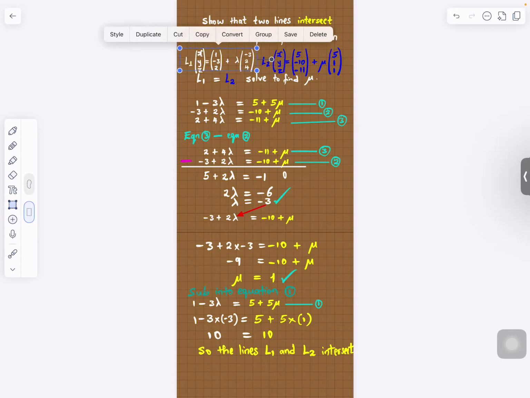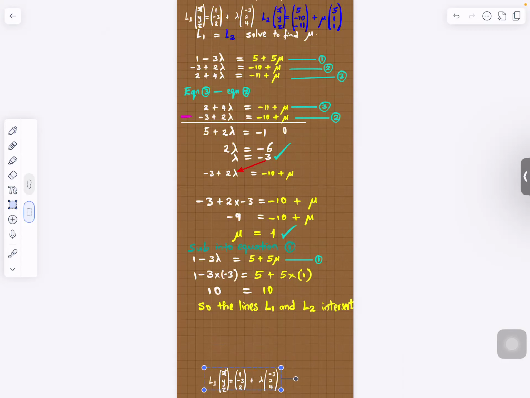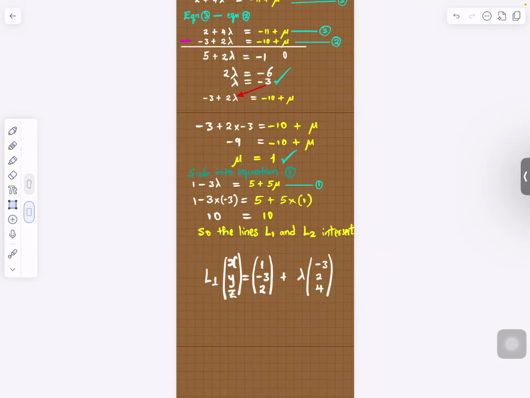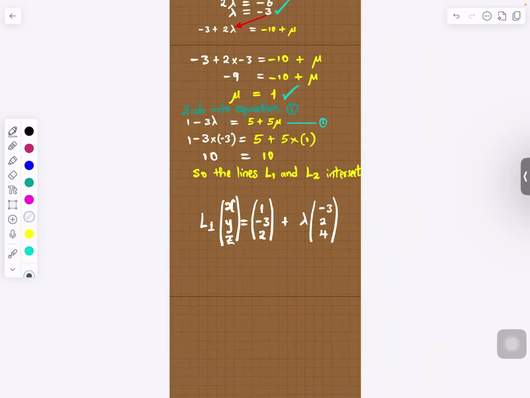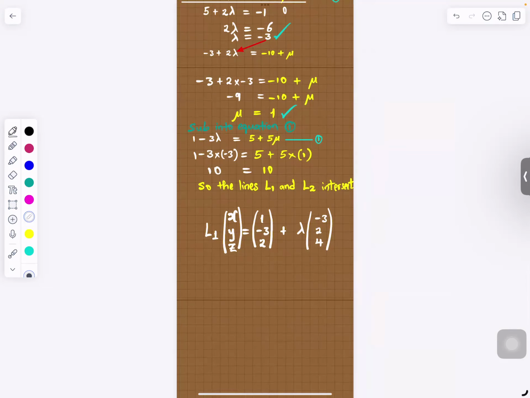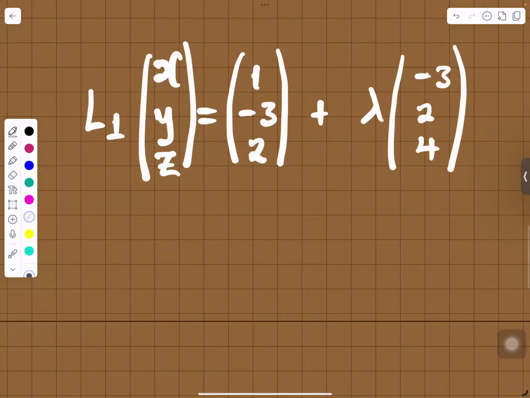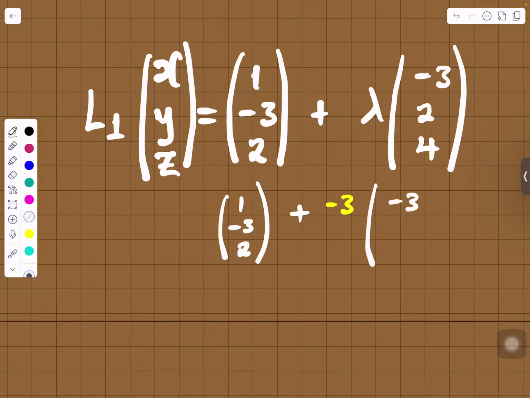So we go back now and take the first equation, L1. We know lambda is minus 3. So we have (1, -3, 2) plus lambda, which is minus 3, times (-3, 2, 4).